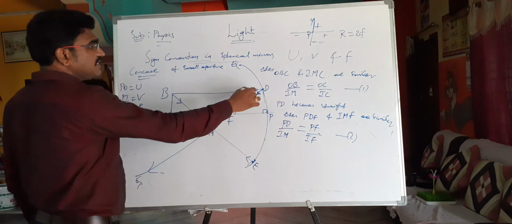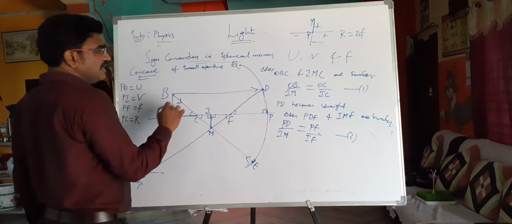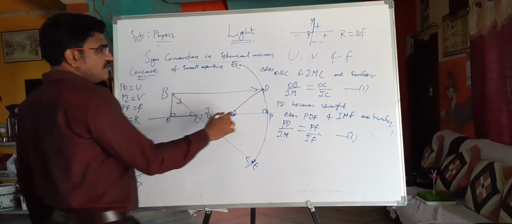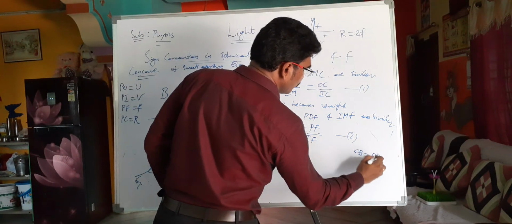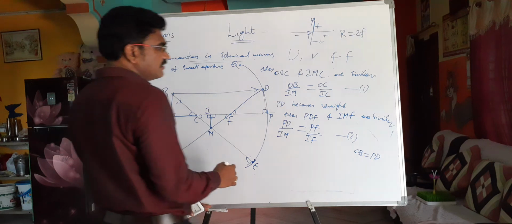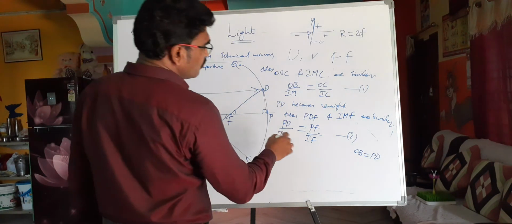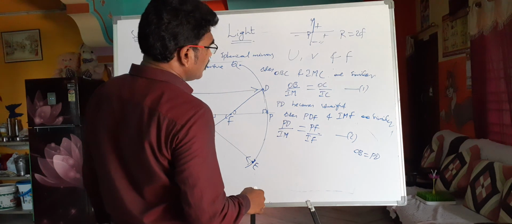And also at the same time, if this line BD comes here, PD becomes straight. If PD becomes straight, then I can say PD is equal to OB. This length is equal to OB. If this incident ray is near, OB is equal to PD. If OB is equal to PD, what can I write?